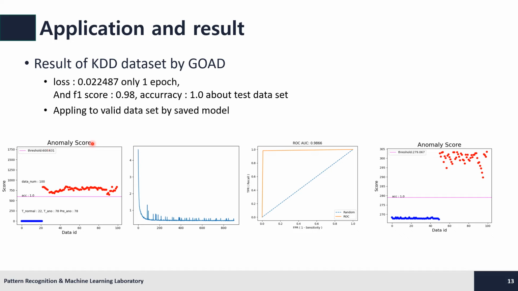In only one epoch, the loss value was that, and for test data, the F1 score was that, and accuracy was that about the test dataset. I checked that the result came out very well when I applied the valid data to the saved model.